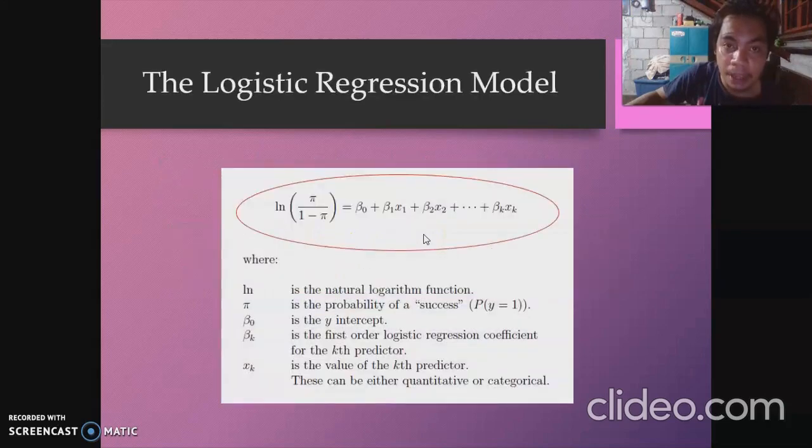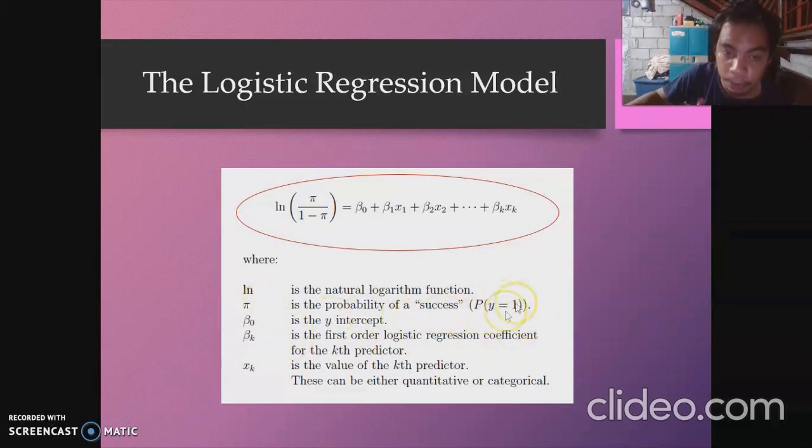And then, para po mas malinaw natin maintindihan kung ano po ba yung mga ibig sabihin ng mga symbols dito po sa logistic regression model. So, ln is the natural logarithm function. Pi is the probability of success, so P is predictor, Y is equal to 1.